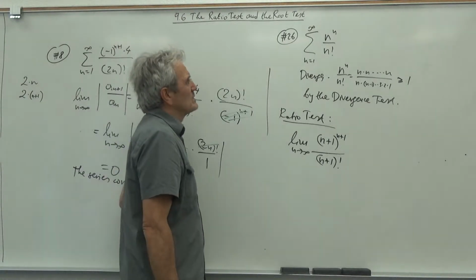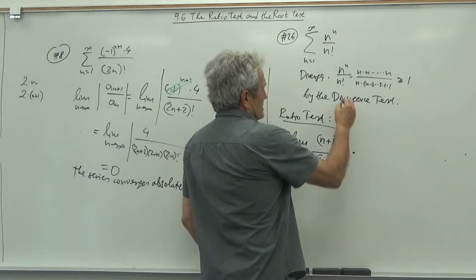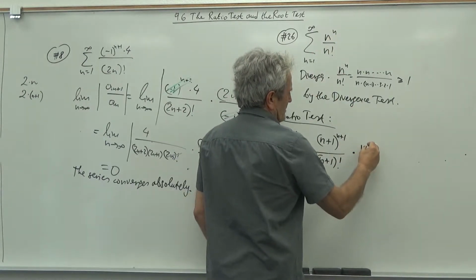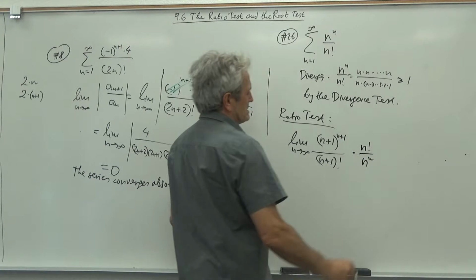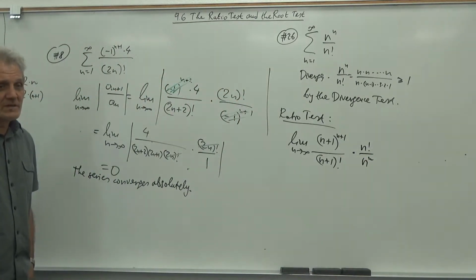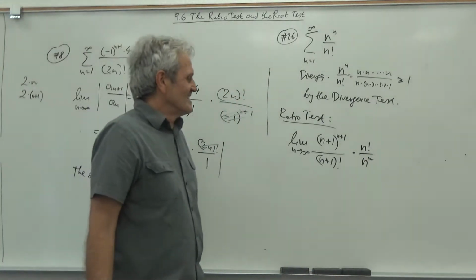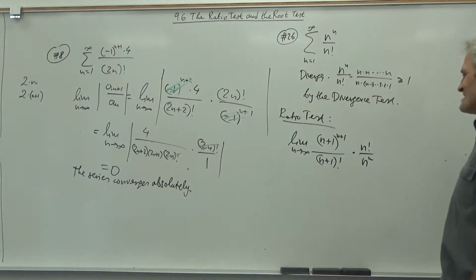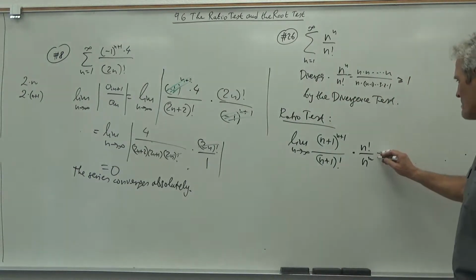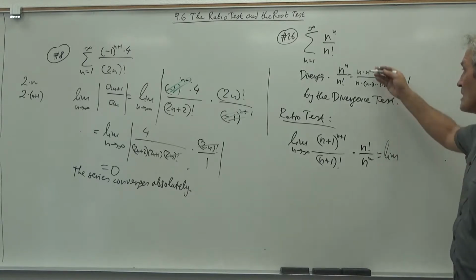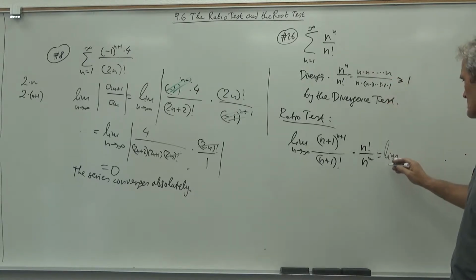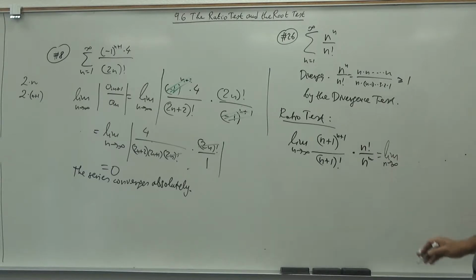I don't need absolute value. And then take the reciprocal of the original one, n factorial over n to the n. And you'll see, this will be a non-trivial calculation. So, I don't think the ratio test helps us. It made us work harder. Look how much I need to work instead of using this elegant and quick method.